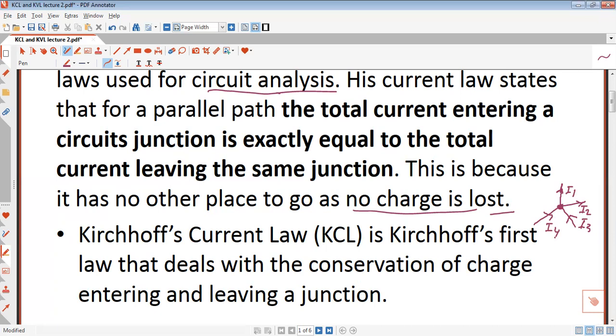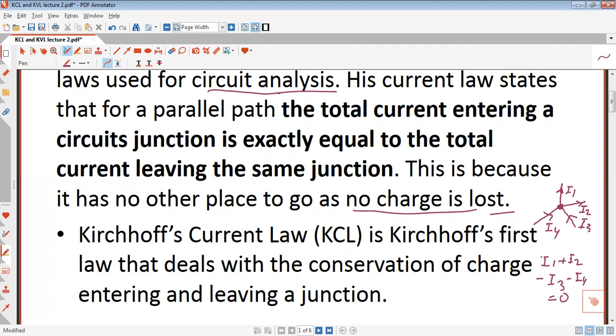This is the junction. I1 plus I2, the outgoing current, is taken as positive, so incoming current will be taken as negative. So I1 plus I2 minus I3 minus I4 will be equal to 0. This is called Kirchhoff current law.